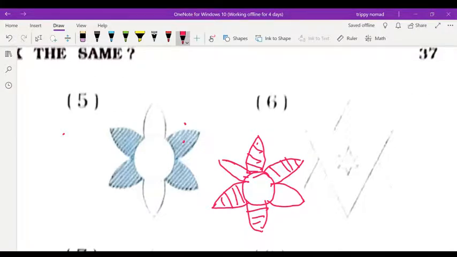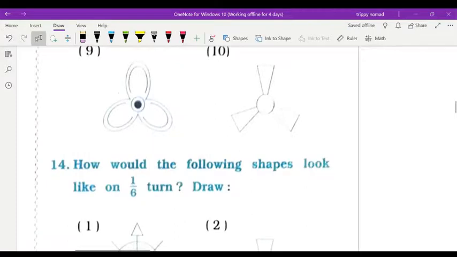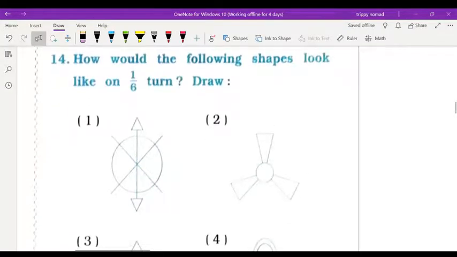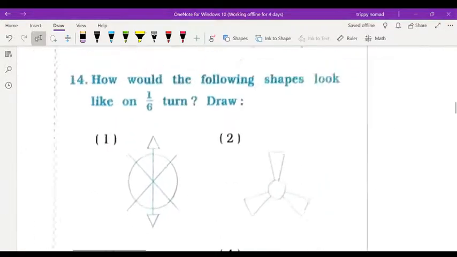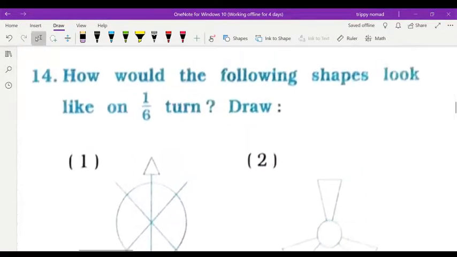Now we are going to start the question number. You just wait, children. 14th question. Question number 14. There is a 1/6 turn. How would the following shapes look on a 1/6 turn?